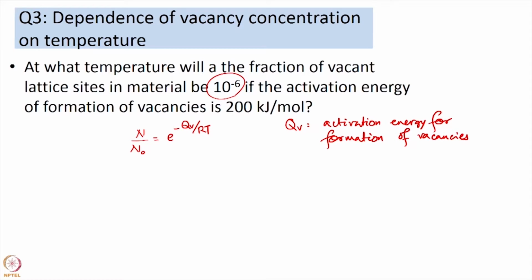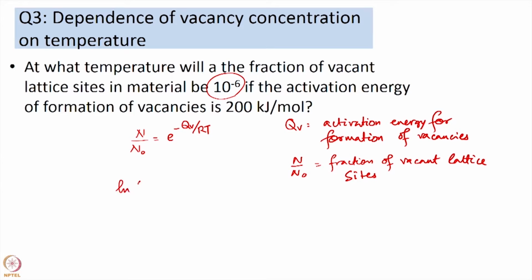If you recall, this was something we talked about on the slide on point defects, especially with relation to understanding the interaction between dislocations and point defects. So, this relation is coming from there. So, Q v is the activation energy for formation of vacancies, and n over n naught is basically the fraction of vacant lattice sites.